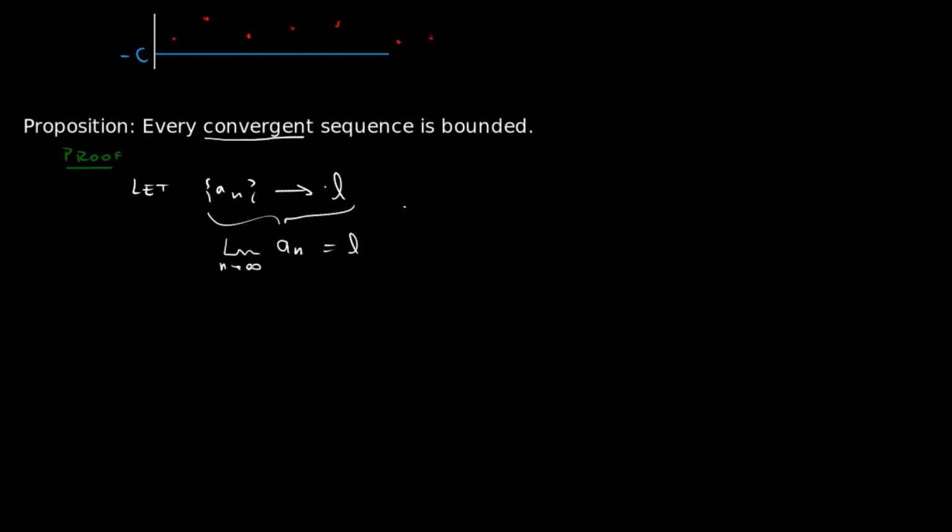So what we know, because of the definition, was that for every epsilon greater than 0, there exists capital N, a natural number, such that if n is greater than N, then the absolute value of a sub n minus L is smaller than epsilon. And this happens for every epsilon.